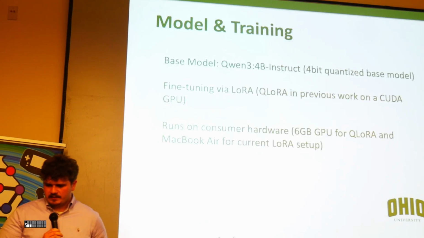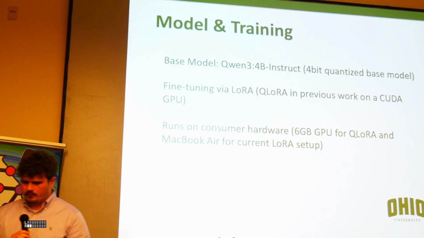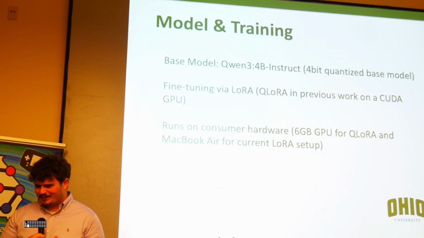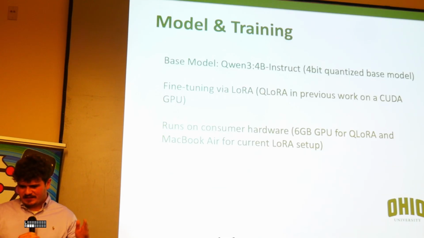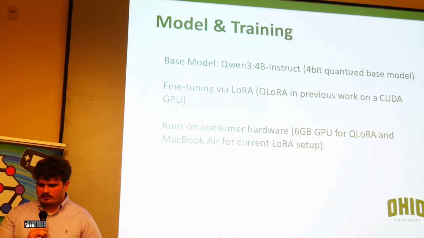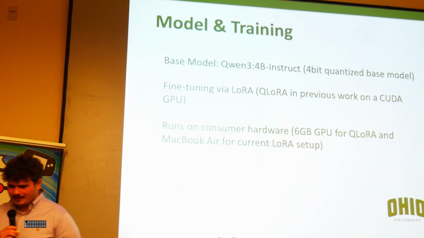As for training, we use Qwen3, 4 billion parameter, the instruct version, so no thinking capability. It has thinking capability, but no explicit thinking steps. It's the 4-bit quantized version of the model just to improve the runtime and the fine-tuning time on my hardware.